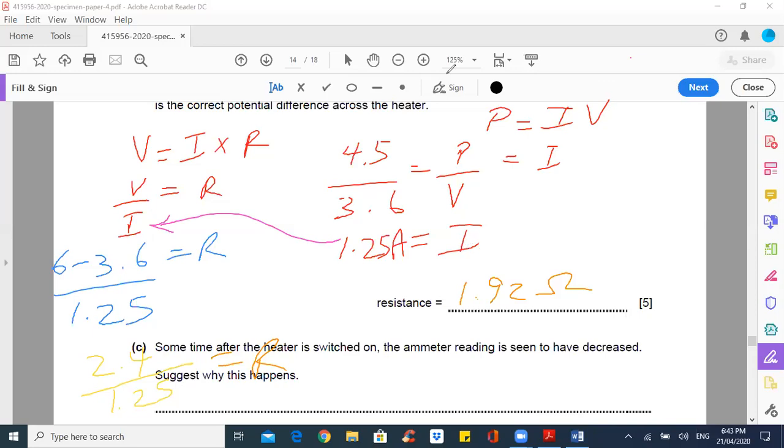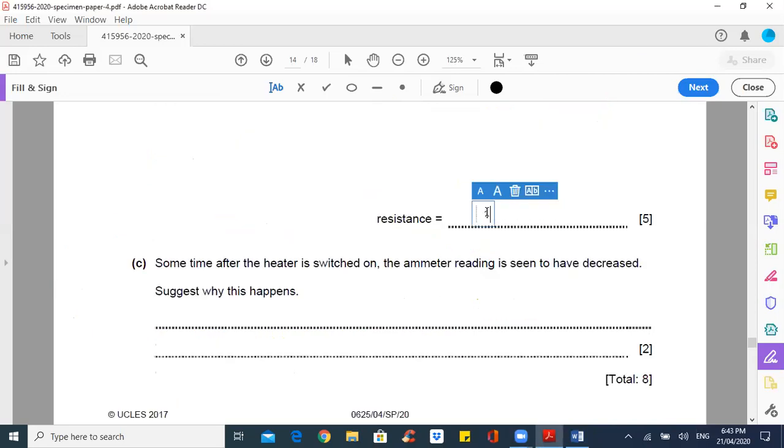Right, so we get this as 1.92 ohms. They said after some time after the heater is switched on, the ammeter reading is seen to have decreased. Suggest why. So you put on the heater, and the ammeter reading is seen to be decreasing. That means the current is dropping. Suggest why this happens.